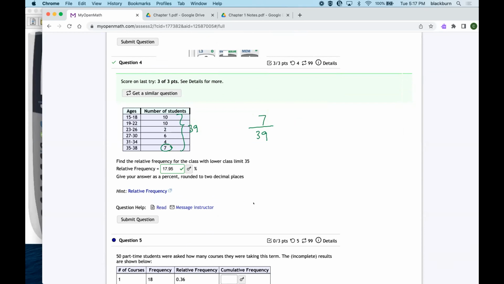All right, so that one's not too bad, right? I'm going to clear and go to the next one.